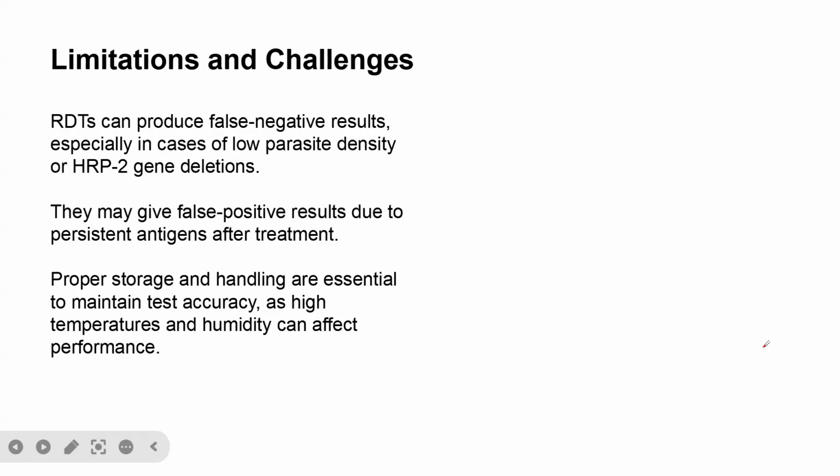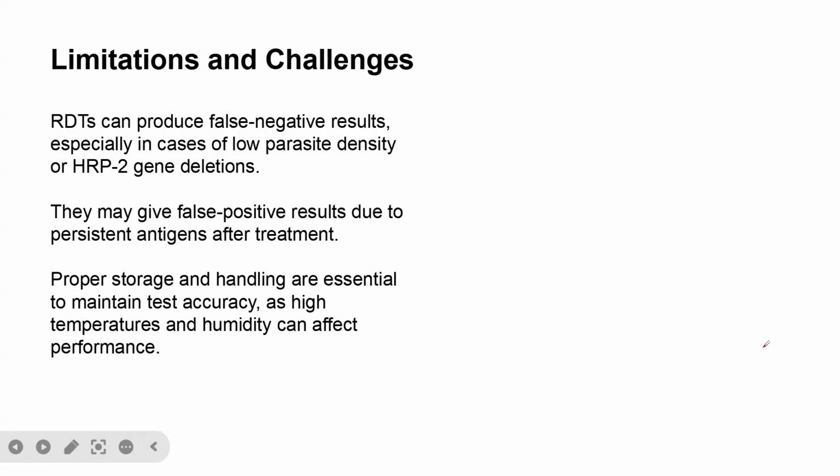What are the limitations? RDT can produce false negative results, especially in cases of low parasite density. So if there is a low parasite density, there is a likelihood that it may give a false negative, or maybe the absence or deletion of histidine-rich protein 2.